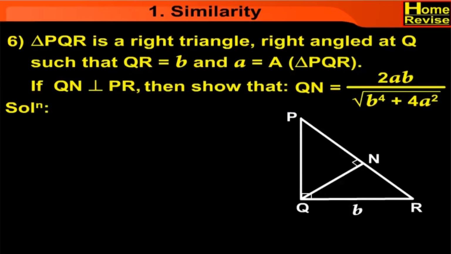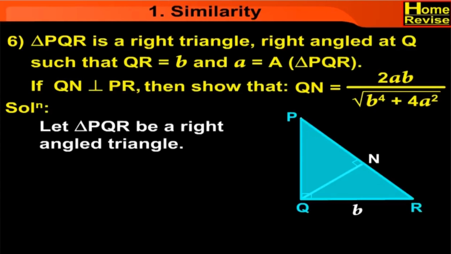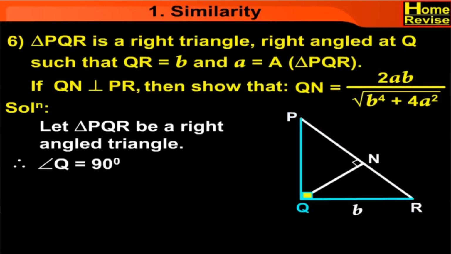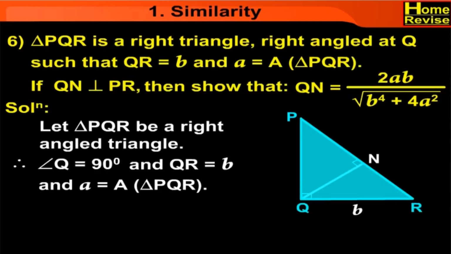Solution. Let triangle PQR be a right angled triangle. Therefore, angle Q is equal to 90 degrees, and QR is equal to b, and A is equal to the area of triangle PQR.